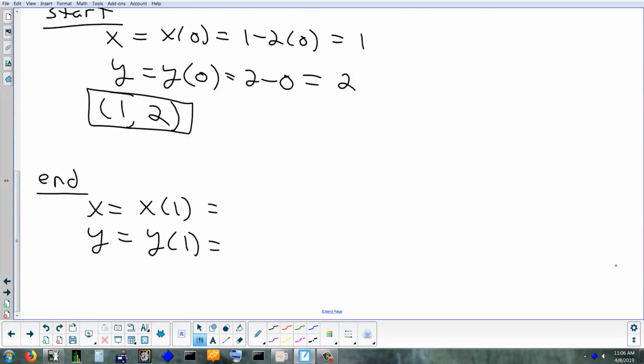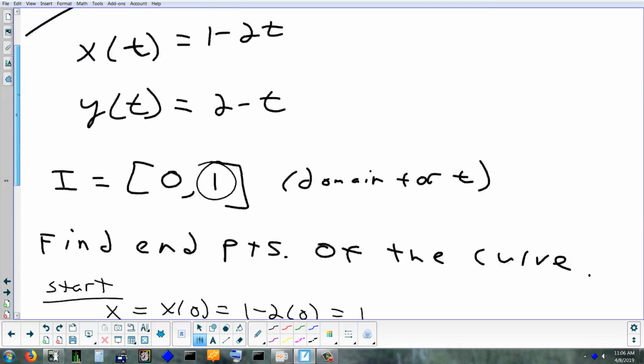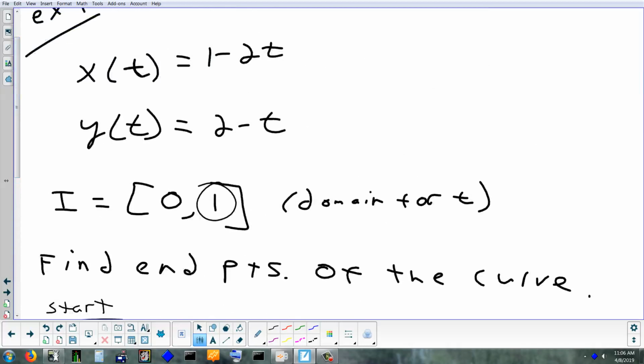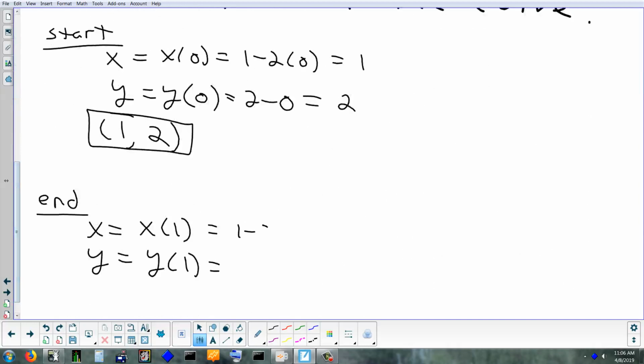So, Alec, what do you get when you plug 1 into the x formula? You would get 1 minus 2 times 1. Yep, 1 minus 2 times 1, which is negative 1.